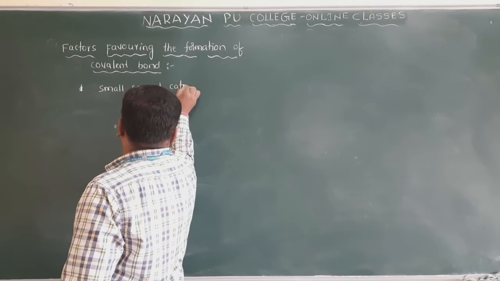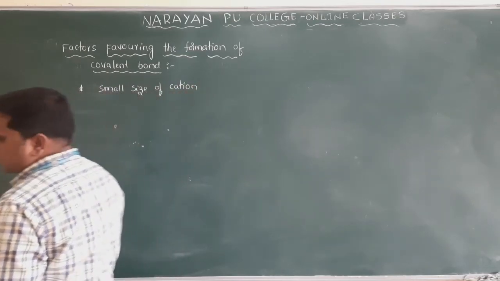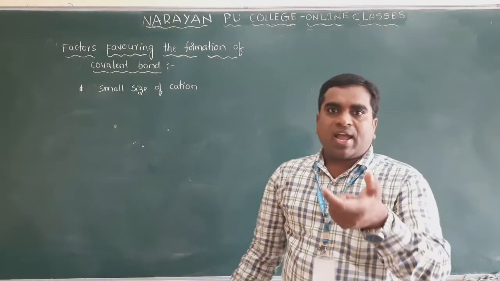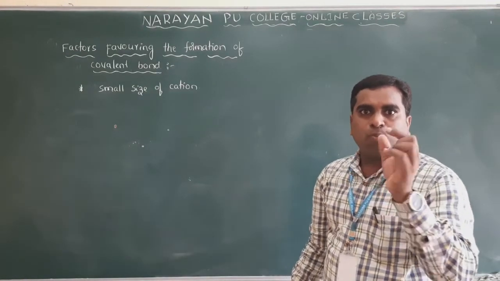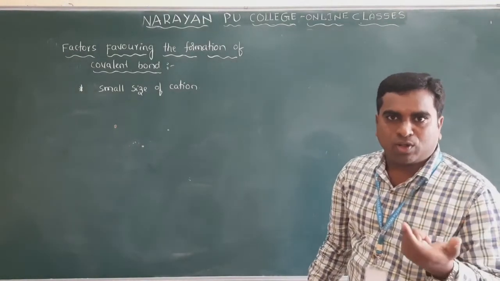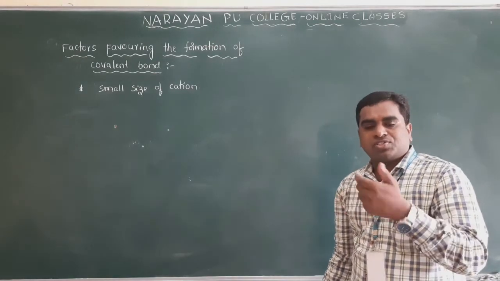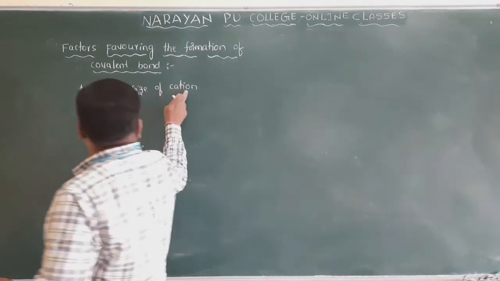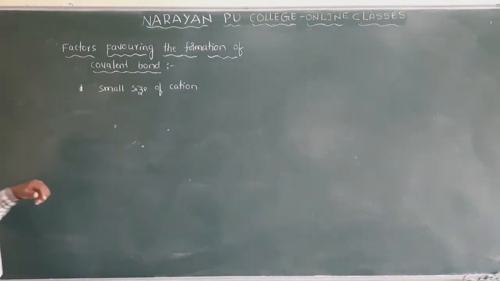The atom having positive charge is called a cation, and the atom having negative charge is called an anion. So small size of cation favors the formation of covalent bond.